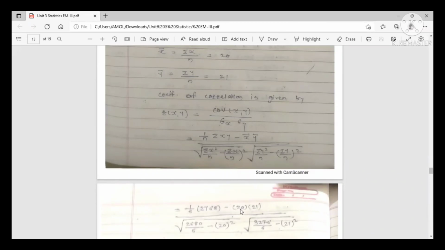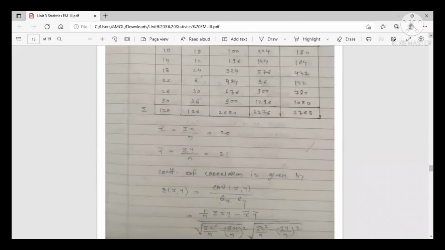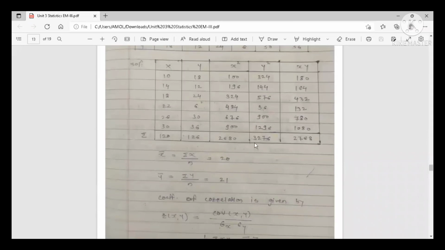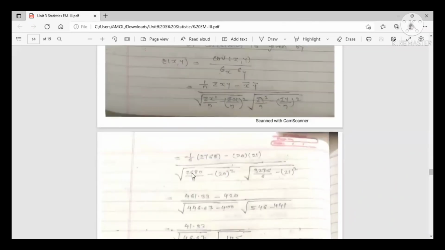Put here these values 20 and 21 upon under root summation x square. Summation x square from the table. See here the table. Summation x square is 3276 and summation y square 2680. So from the table you write the values here. Summation x square is 2680 upon n, 6 entries are there, minus summation x upon n, which is nothing but the arithmetic mean.